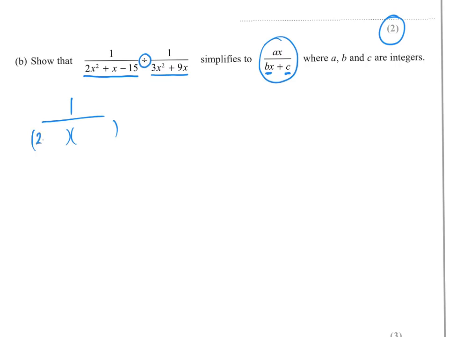So I'm going to try putting 2x here, x here. I want to have negative 15, and so these 2 numbers here multiplied together should give negative 15, but I want to have a collective of 1x. So I could use a little grid here.